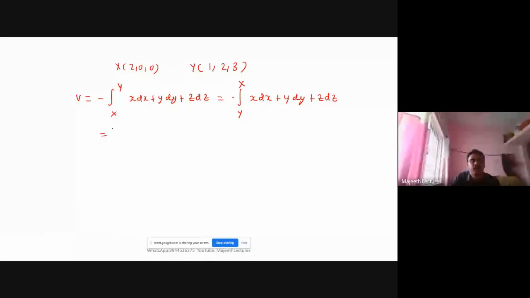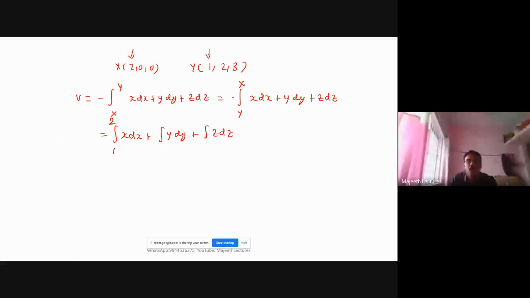So I split the integral into three parts: x dx, y dy plus z dz. Right? This integration is varying with respect to x, so it goes from y to x. This is why in y, x is 1, in x, x is 2. So 1 to 2.